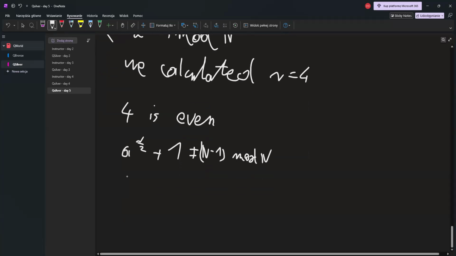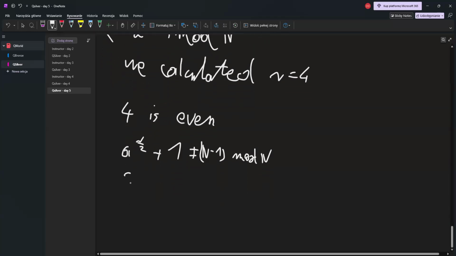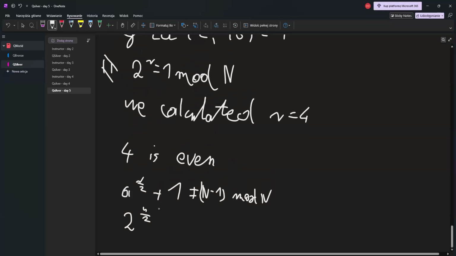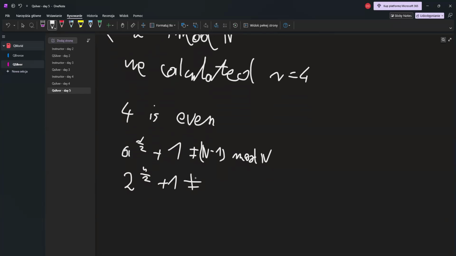So here we get 2 to the power of 4 divided by 2 plus 1 and check if it's not equal to 15 minus 1 modulo 15.